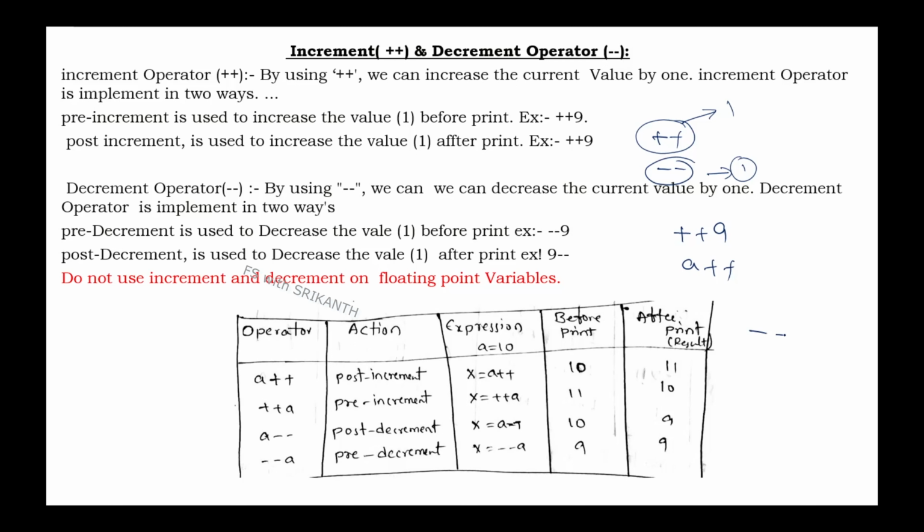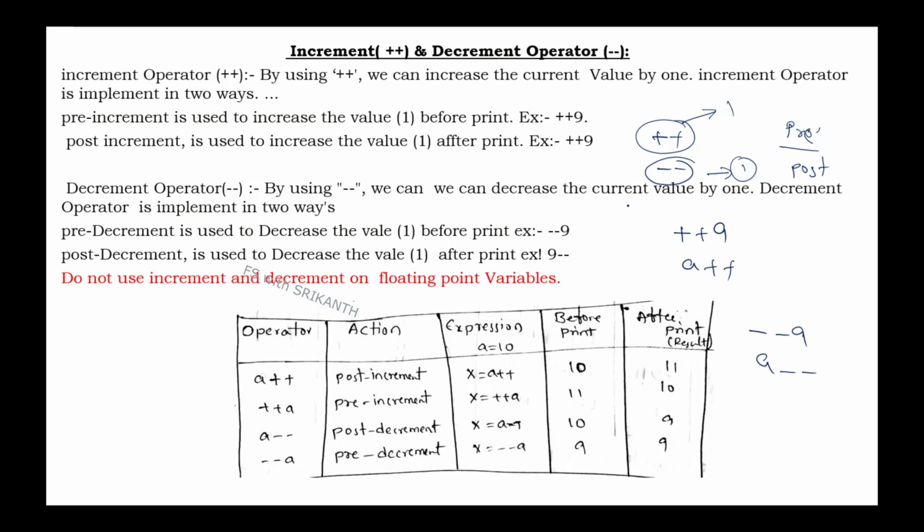Just observe, minus minus a, a minus minus. So here pre increment and post increment. You know postpaid and prepaid. What is meant by postpaid? First you use the mobile, then you pay, right? But prepaid, first you pay, then you can use. That is the difference.